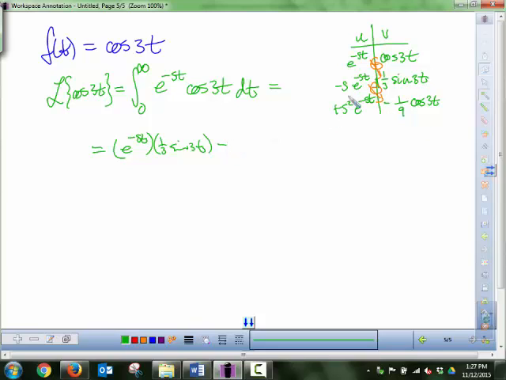So I'm going to go down here and write negative s e to the negative st times negative 1/9 cosine of 3t. And then the thing about this is that I can keep going, but the integrals are just going to be repeating sines and cosines. So what I'm going to do is I'm going to stop right here.